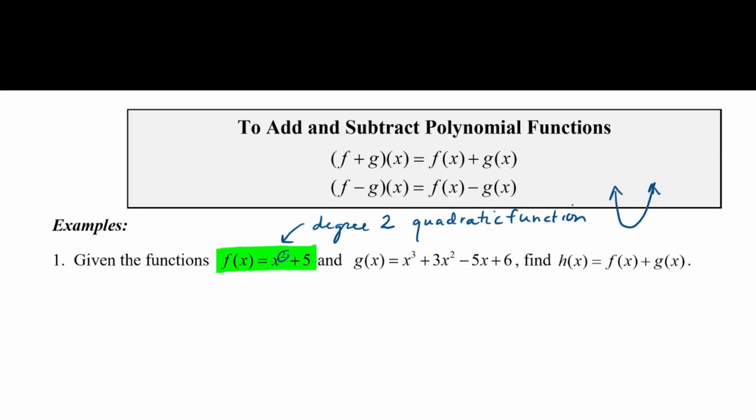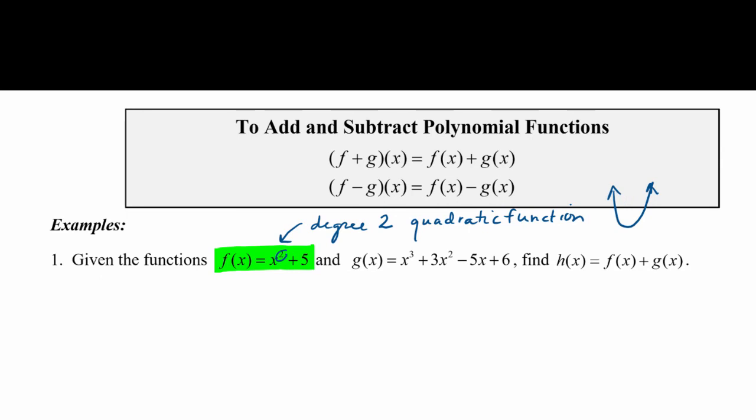Okay, so I'm just going to start getting you ready, kind of trained to look for these quadratics. So our first function f of x is this quadratic, f of x equals x squared plus 5. Our second function g of x is given by the equation g of x equals x cubed plus 3x squared minus 5x plus 6. So that is a degree 3 function, right? And we call those cubic.